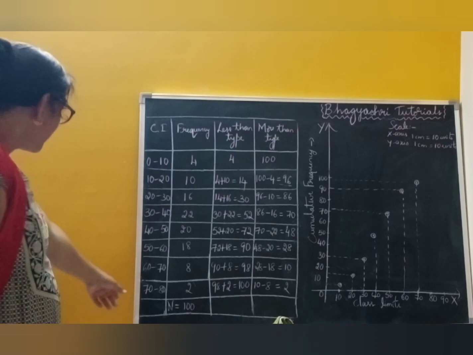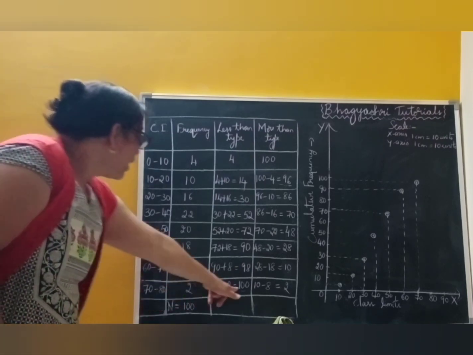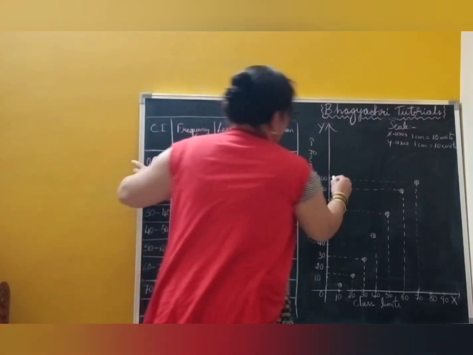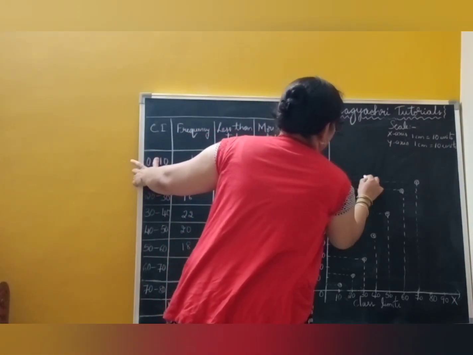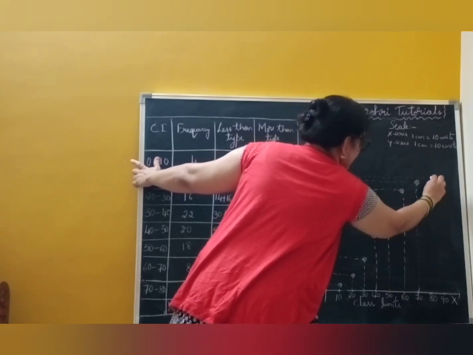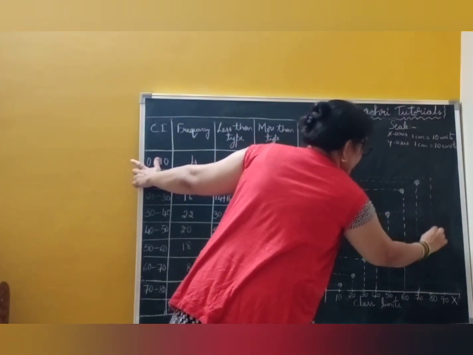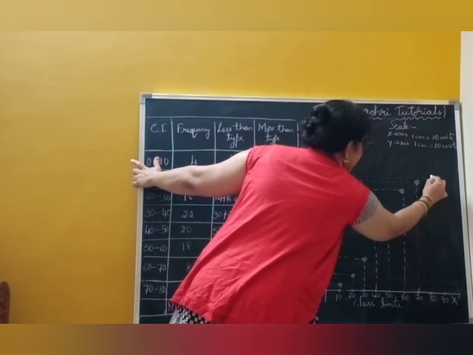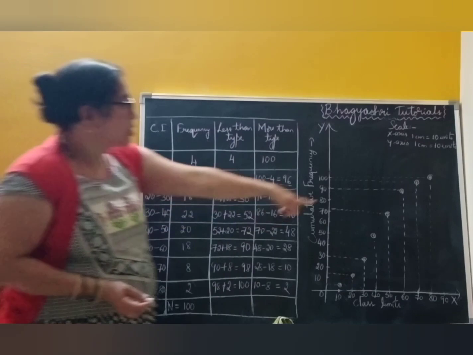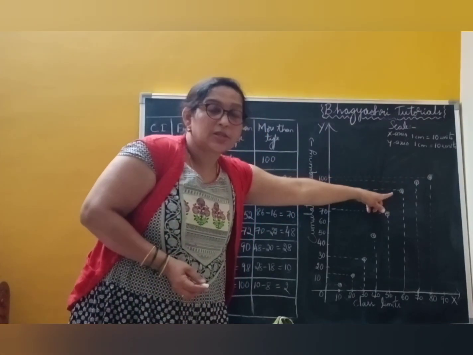Next, the last one, for 80, the corresponding less than type frequency is 100. Now, we have to join these points with smooth curves.